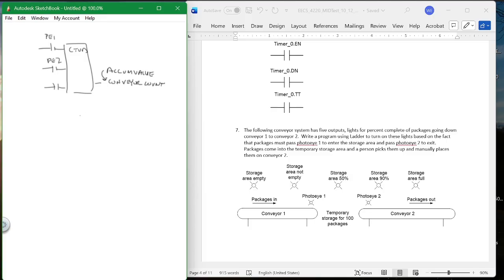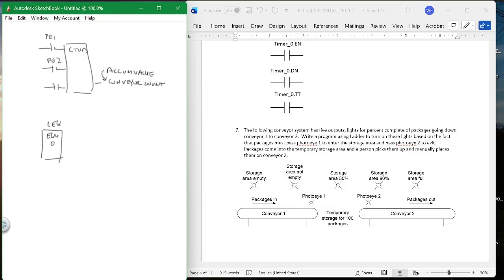Okay? Now, what do you do with that? Well, you say conveyor count equals 0. Or do you say equals 0? No, you don't. You say less than or equal to 0.